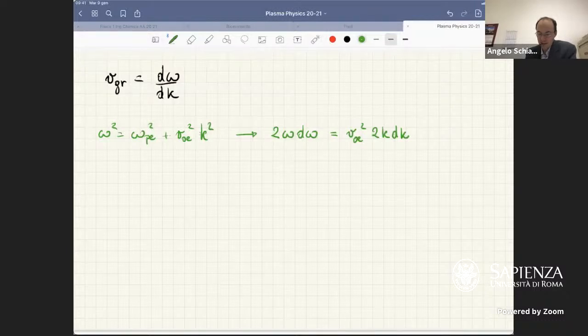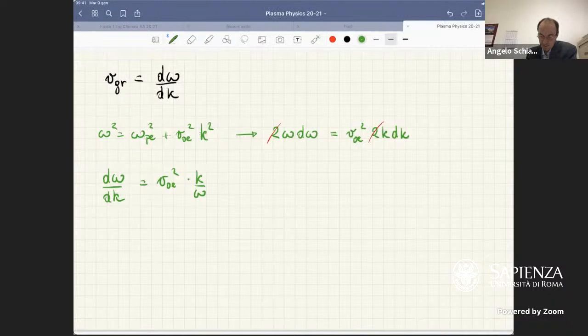Now let's get dk on the left hand side and put everything on the other side. So we get d omega over dk equals, obviously the 2 goes away, and what remains is V0e squared times k over omega. And k over omega is equal to the phase velocity.